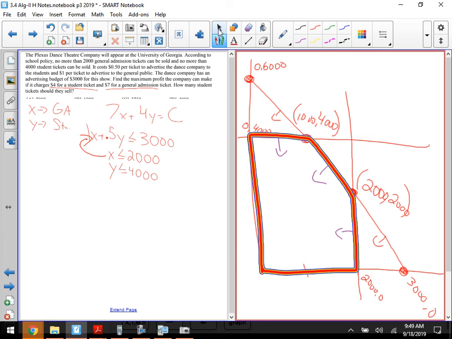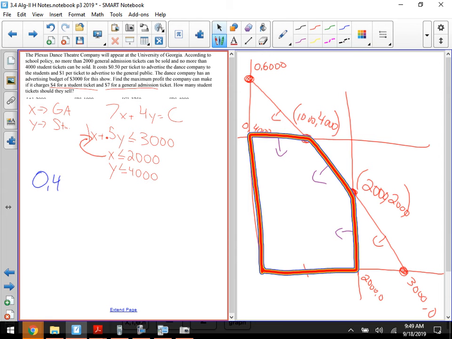So we have ordered pairs 0, 4,000, 1,000, 4,000. Let me get those guys. As you substitute those through your values, oh, I don't have this one here.